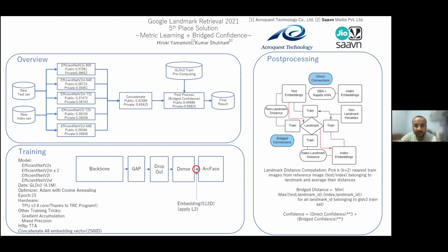This post processing gave a boost of around 0.09 for our mean average precision metric for a single model and 0.075 for our final ensemble. So this concludes our summary for the fifth place solution to the Google Landmark Retrieval Challenge. Thank you for listening to us. We are open to questions.